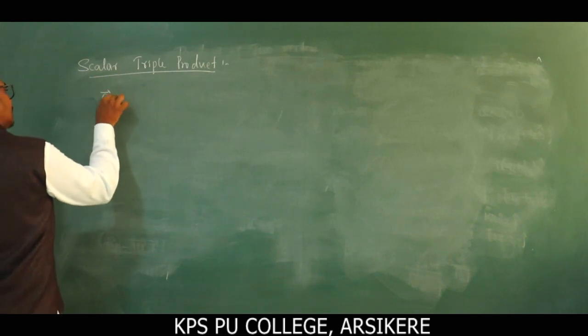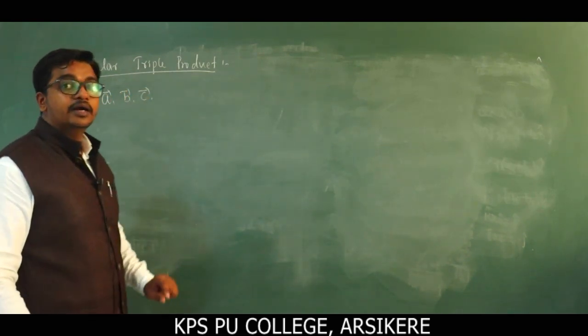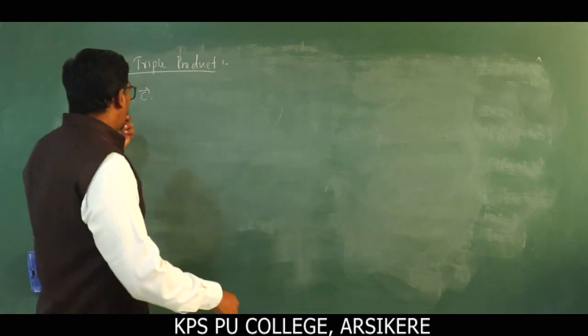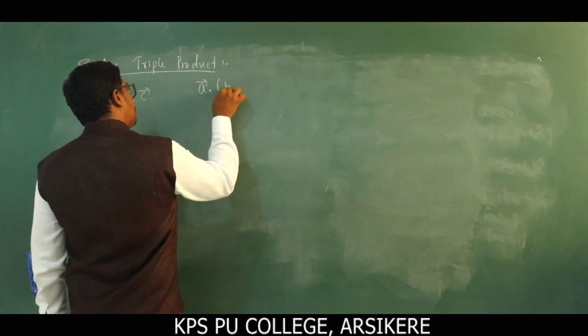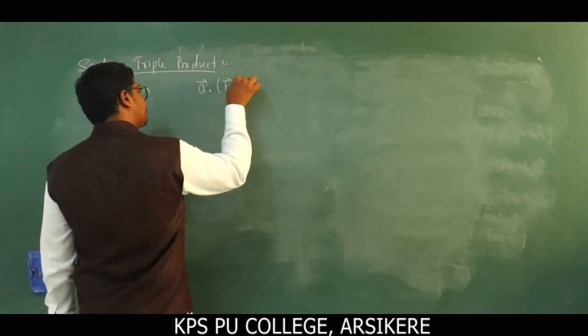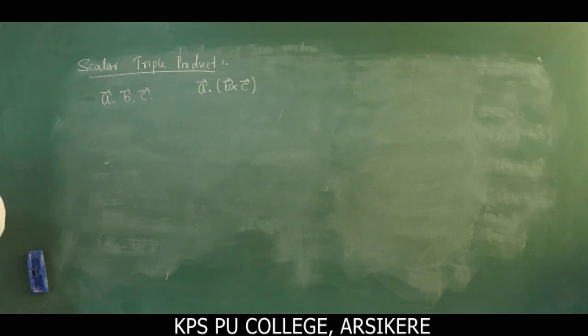The scalar triple product of vectors a, b, c is denoted by vector a dot b cross c.